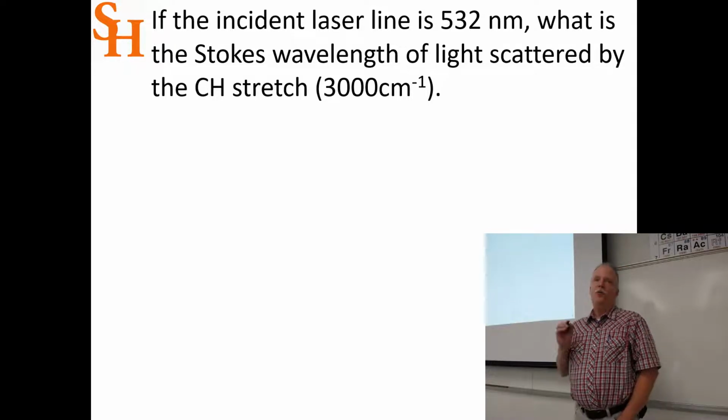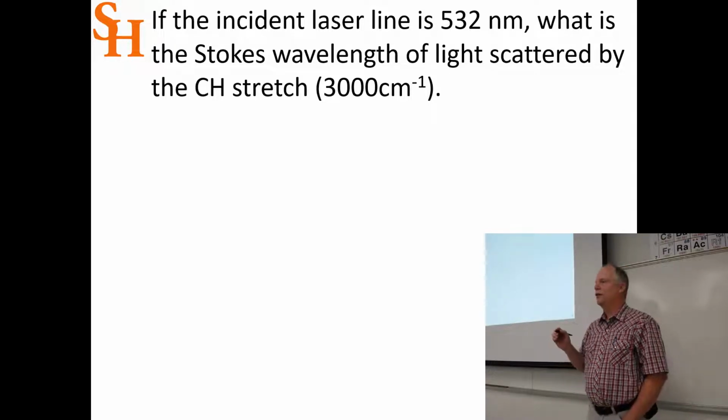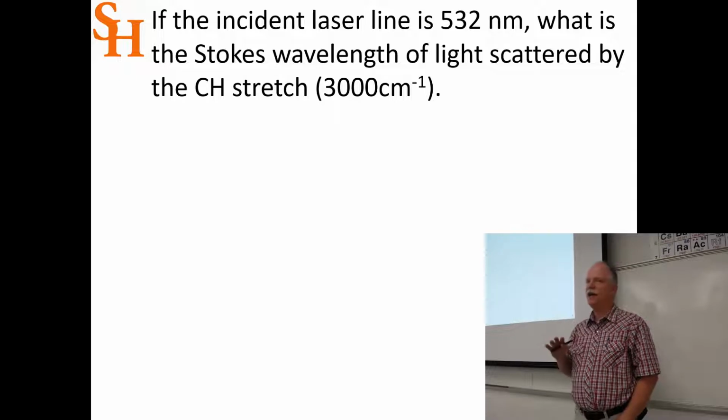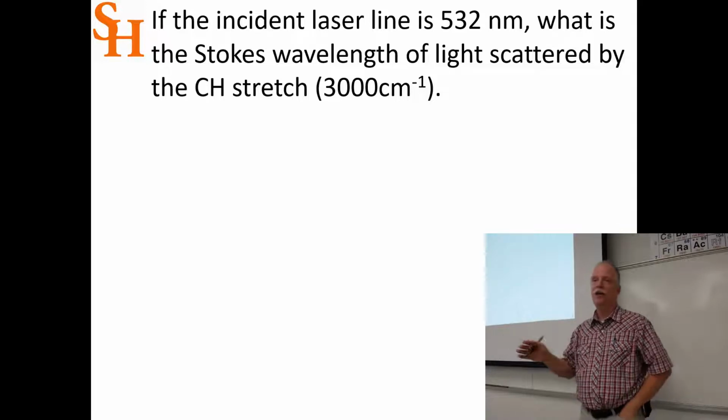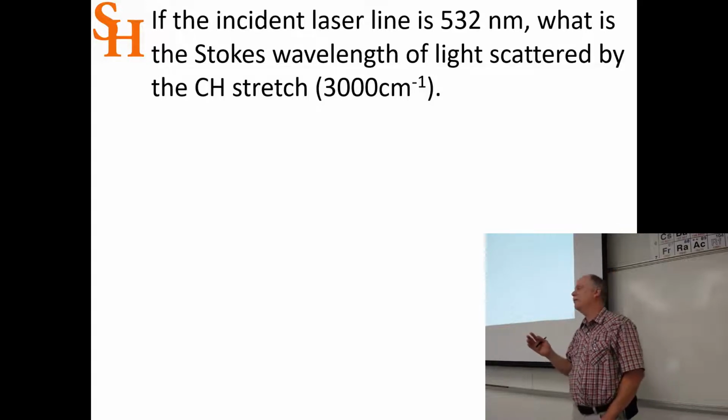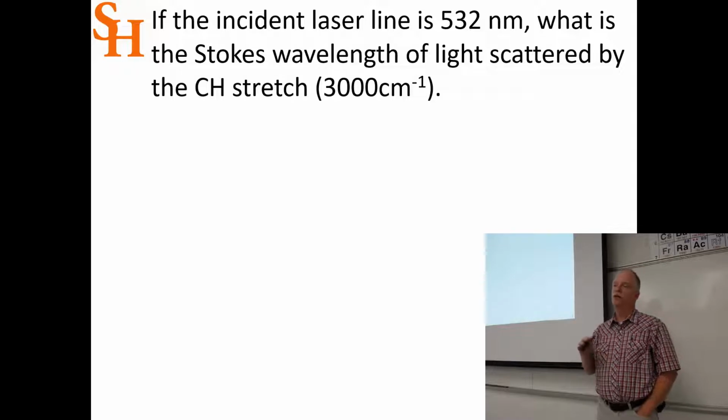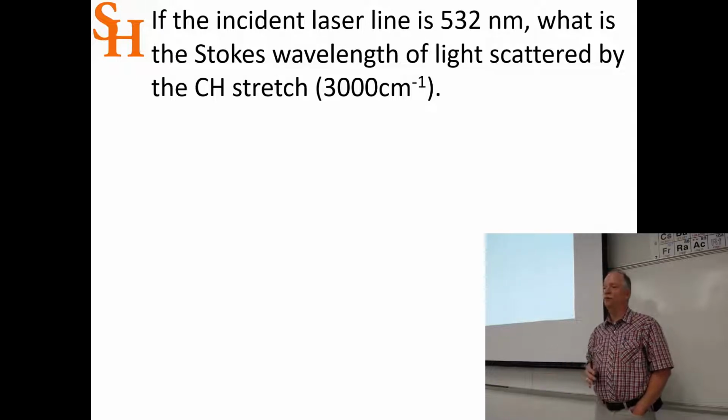So we're dealing with wavelength, but this scattering happens in energy, right? So we're talking about energy coming in and energy coming out. And energy is proportional to wave number, not wavelength. So let's do everything in wave numbers. Whenever we're calculating these differences, do the differences in wave number, not wavelength.